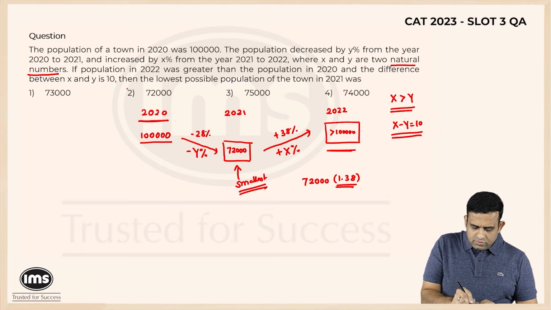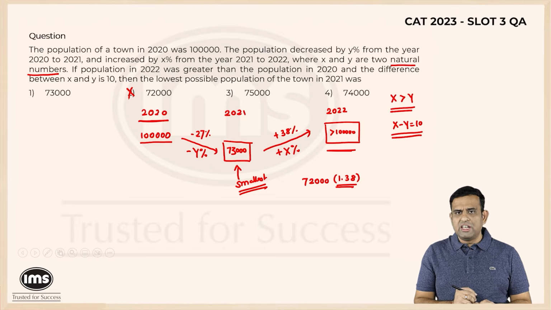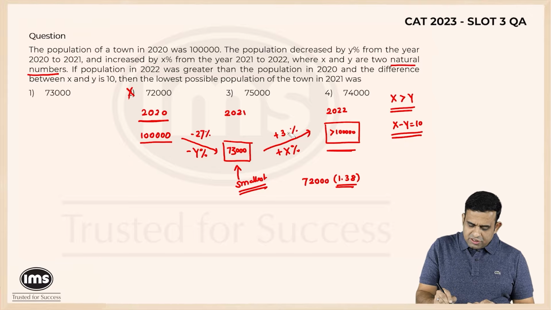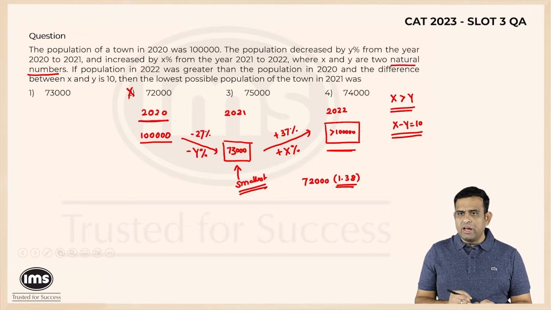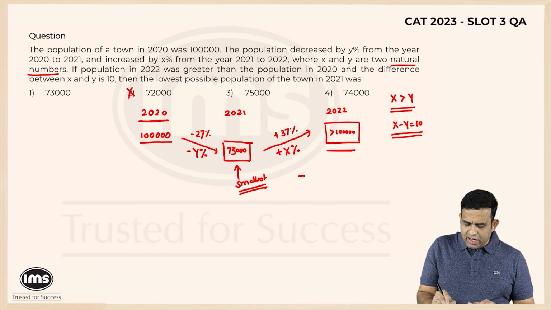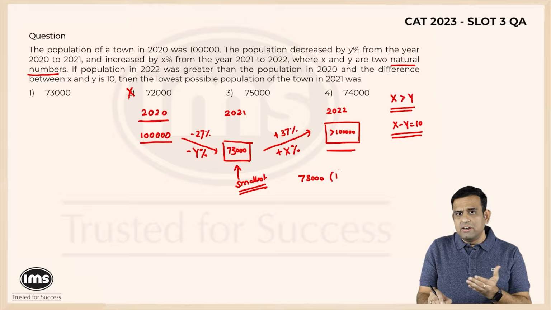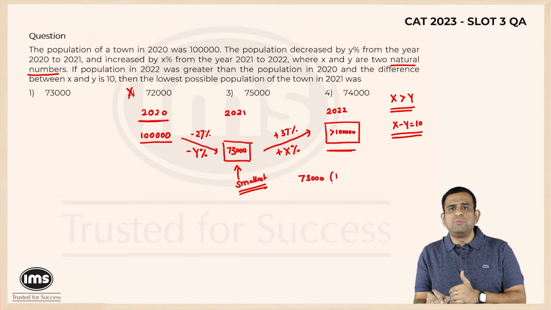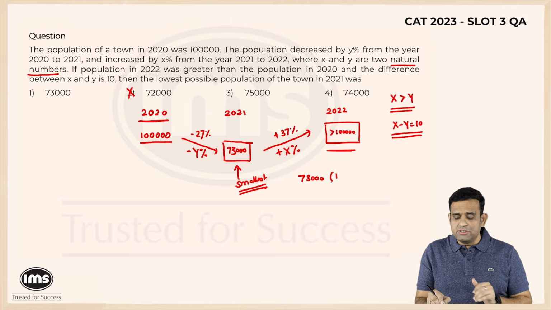Then, if option number 2 is not right, I will check for 73. That means it's a drop of 27% initially. That means we need to increase this value by 37%. Since y is 27, the value of x becomes 27 plus 10, which is 37.